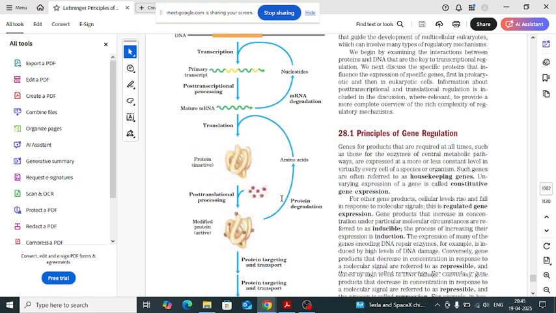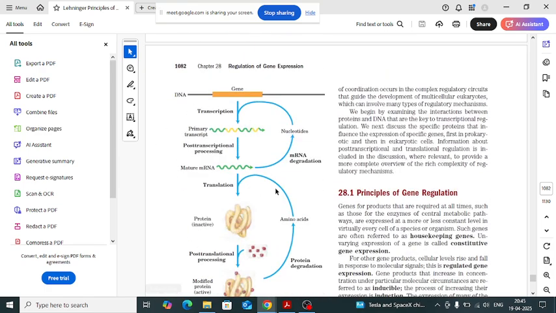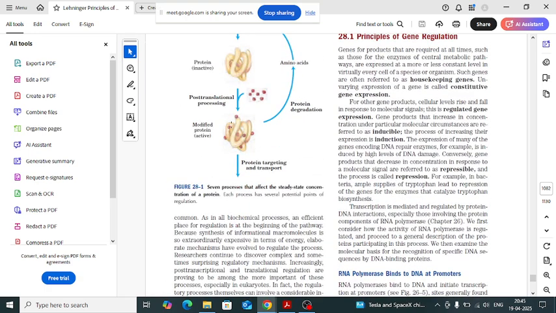So these are the main steps of our central dogma, which starts from the DNA or our genome. The genes are transcribed to RNA, from RNA to protein, and then the protein undergoes some processing. Then you get a modified and active protein.